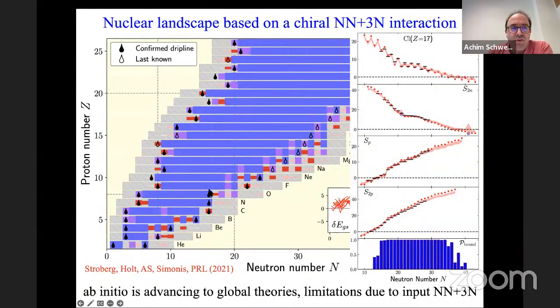As an example, let me also take a random chain in the middle, the chlorine chain. Proton number is 17, and here you can see single neutron separation energies, 2 neutron separation energies, and the same for the protons. The black bars are experiment, and the red points and regions are the theoretical calculation. There's nothing adjusted to this particular chlorine chain.